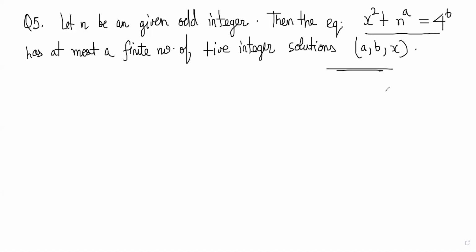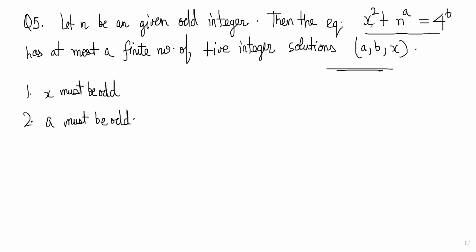We are given that n is an odd integer, right? N is a given odd integer. Now, what are the things that we can conclude immediately? The first thing we can conclude is x must be odd. Also, a must be odd. Why? Think about it. If x is even, what will happen?